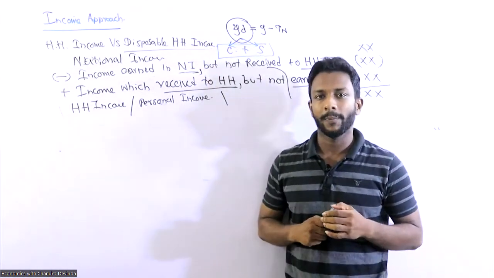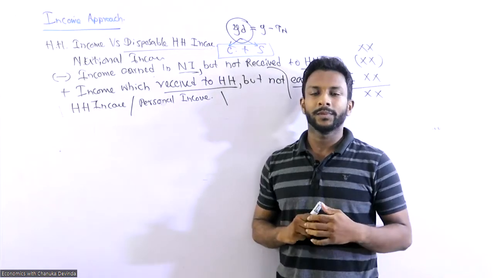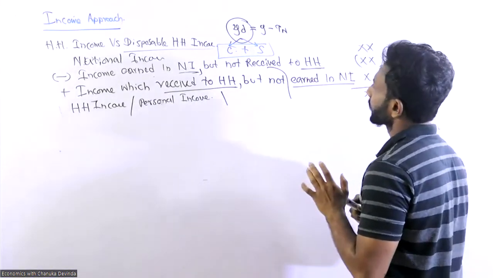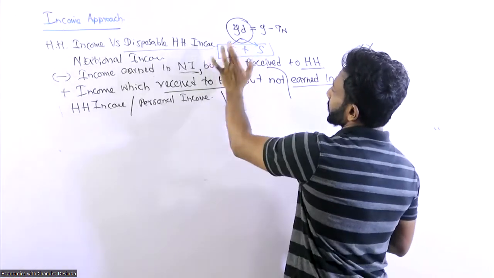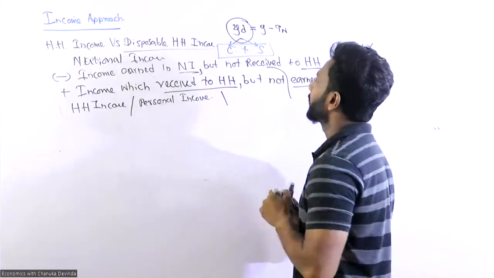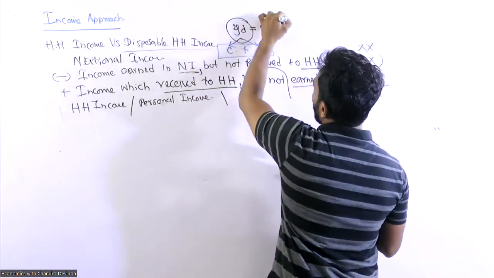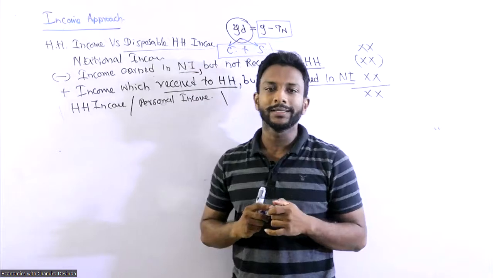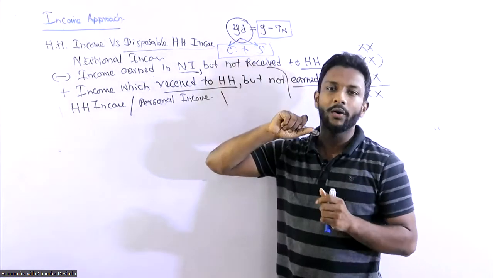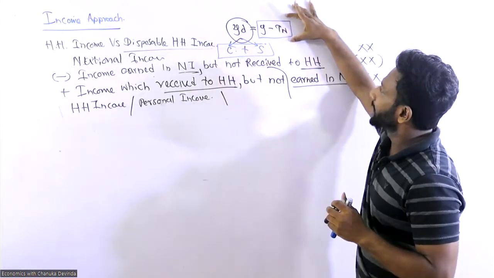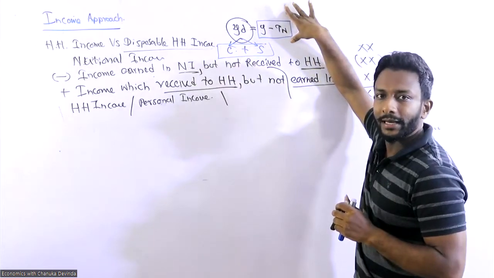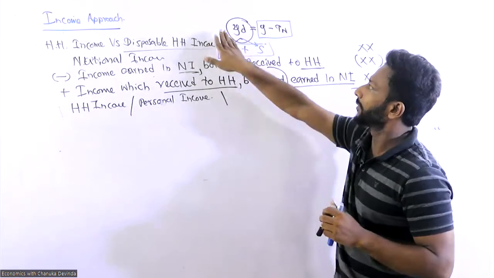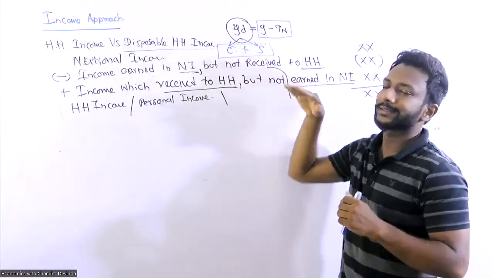But the same theory, the same thing can be applied to this, right? Yes, same thing can be applied here, but here we have two methods to calculate YD. How? Income minus net tax can calculate YD. Here, the formula is YD equals Y minus net tax.